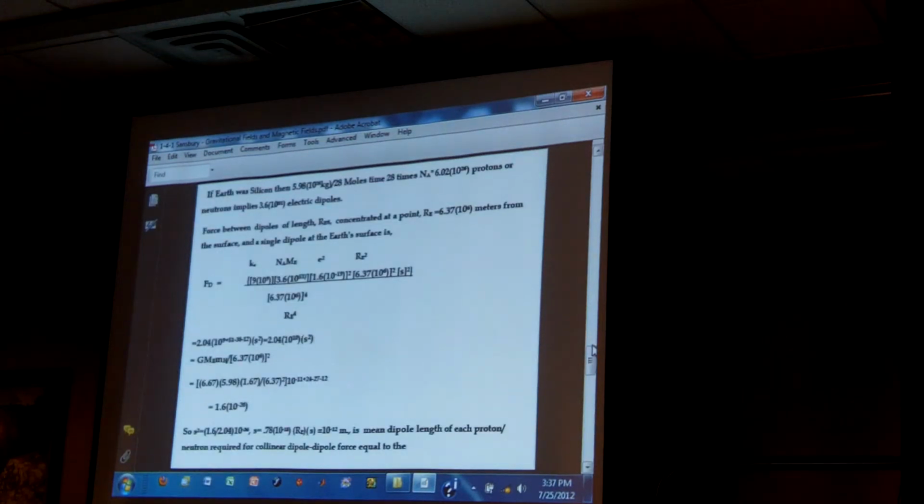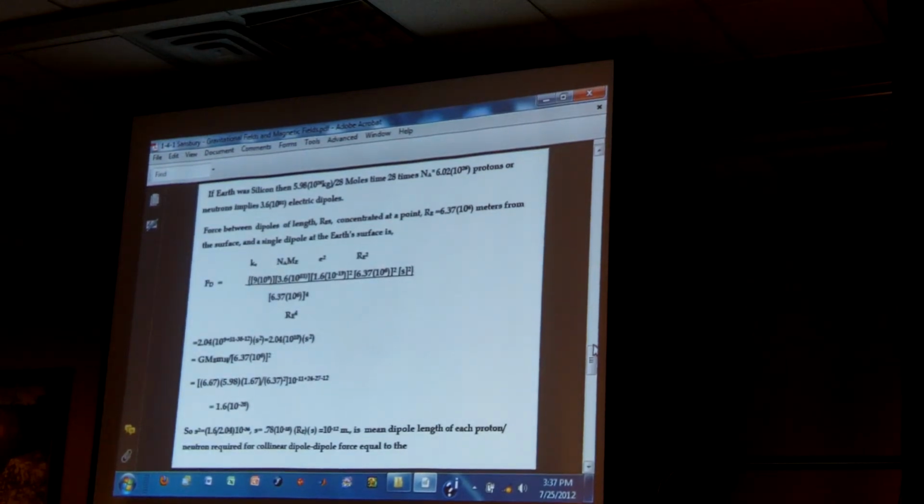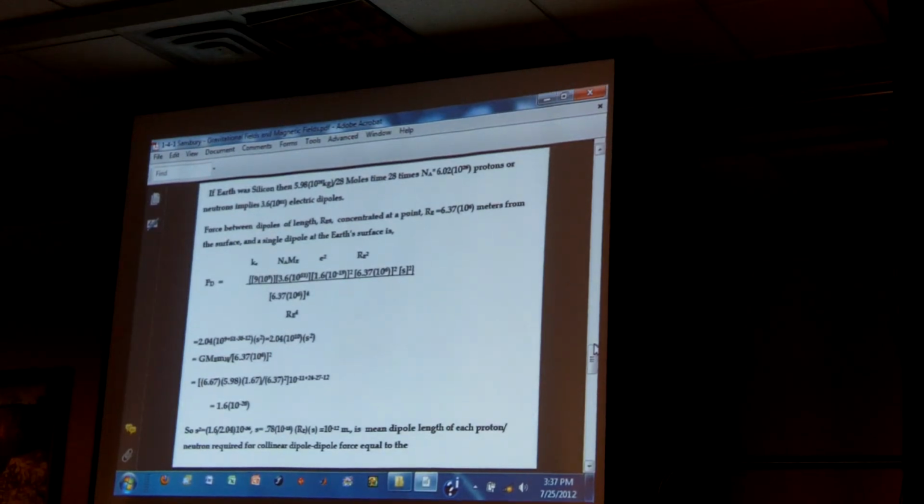Okay, now if the Earth was all silicon, then, okay, I can read it on here. Then this is how many kilograms, divided by 28, how many moles of silicon are in the Earth, and we multiply that times 10 to the 28, and then we multiply that times Avogadro's constant, 6 times 10 to the 26, and this tells us how many protons and neutrons there are on the Earth.